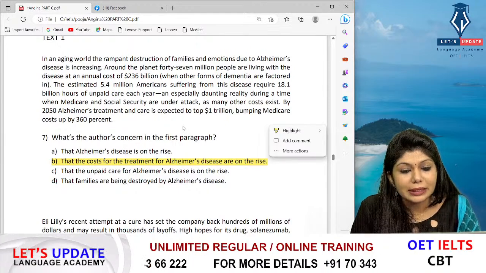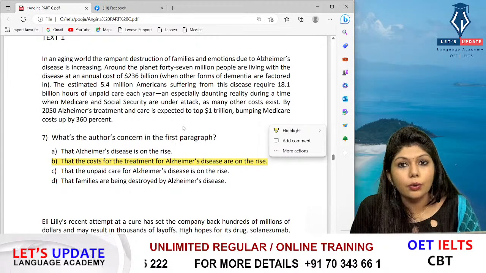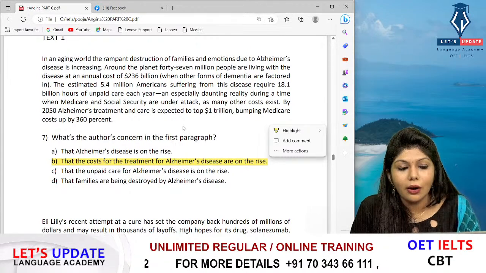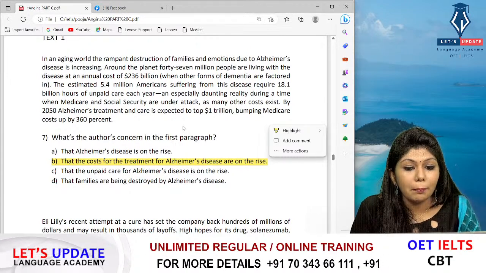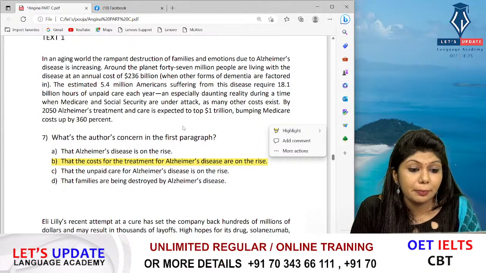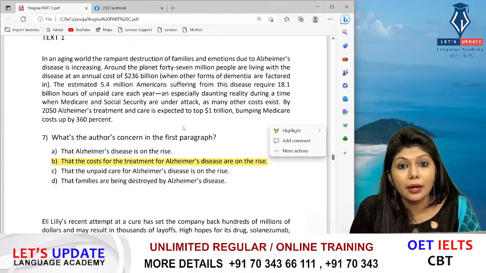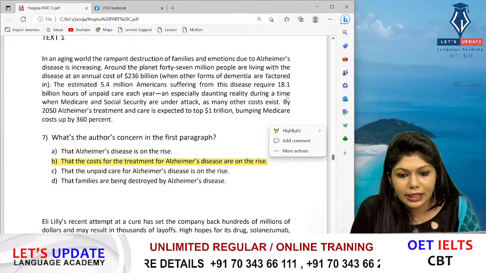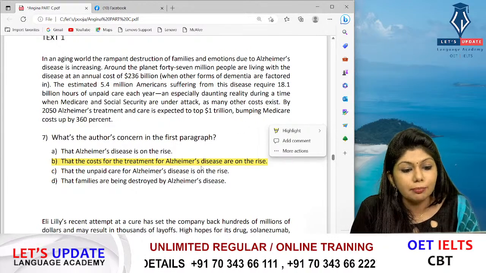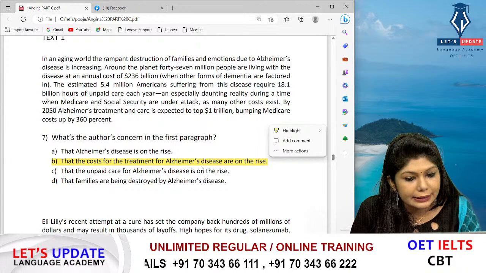So that means the Medicare cost is going to rise. It is on the rise, and it is bumping up by 360%. That's a 360% rise over there. So that is the reason why we have chosen B as the answer.